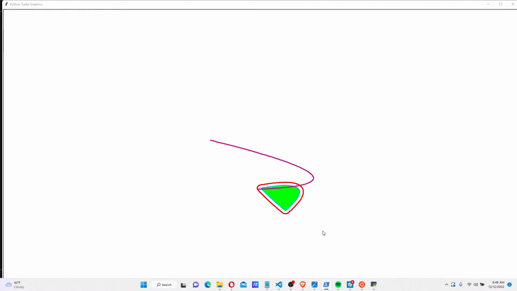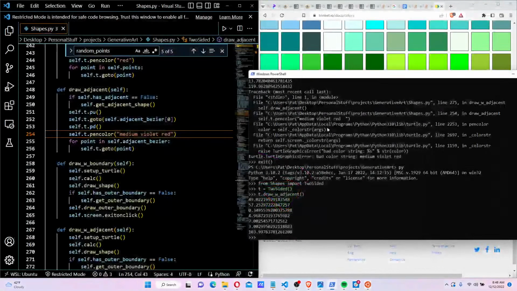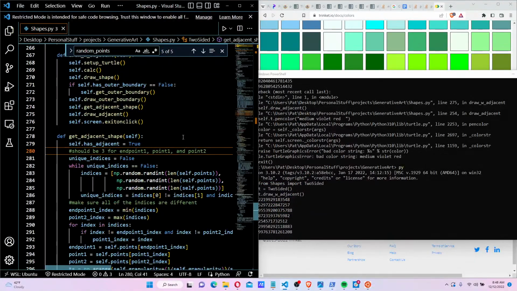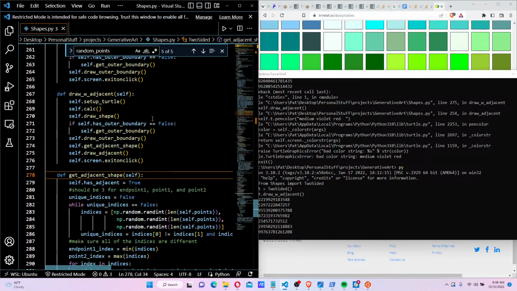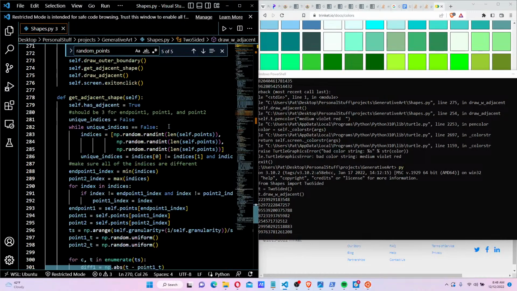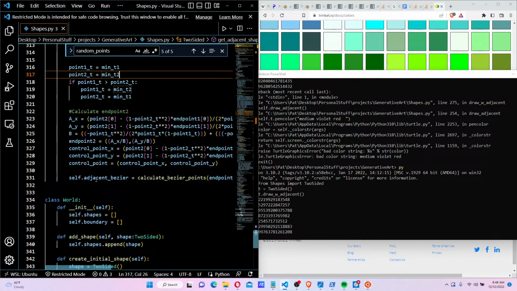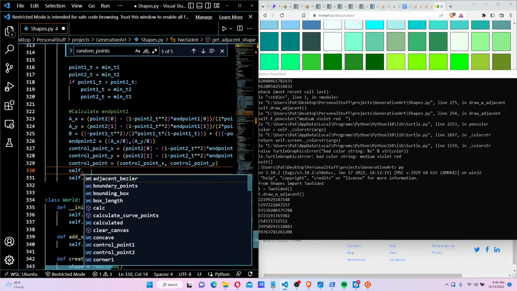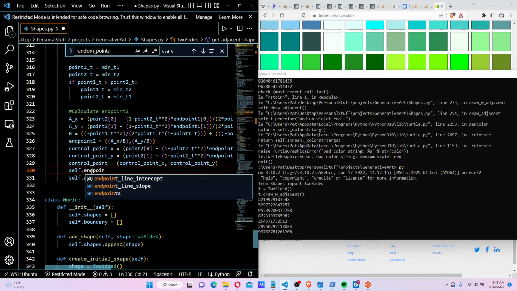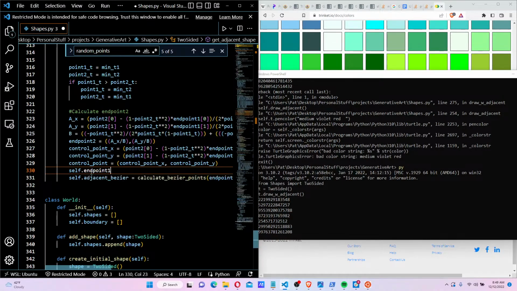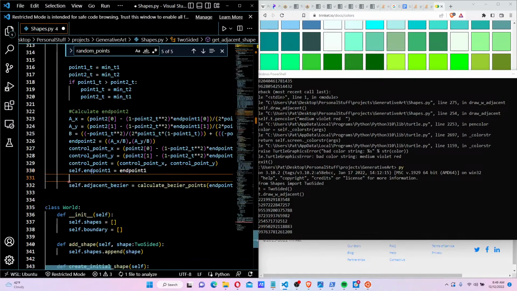Well, okay, I'm going to make these points so that we know the points that it's trying to draw. So draw with adjacent. Endpoints. Self dot endpoint 1 is equal to endpoint 1.